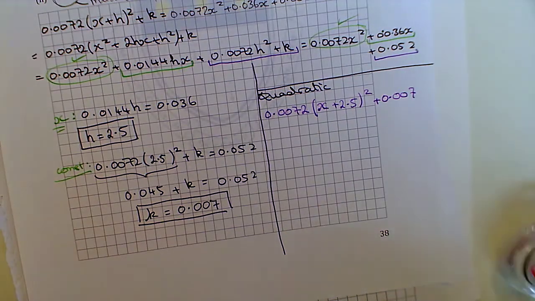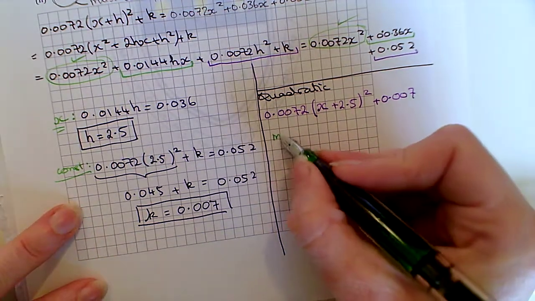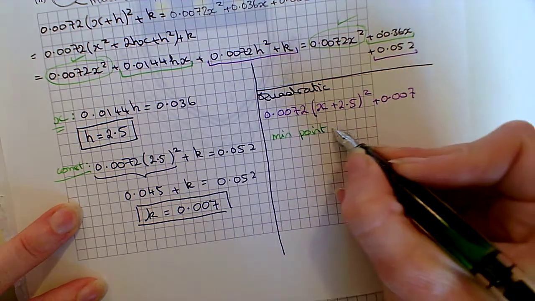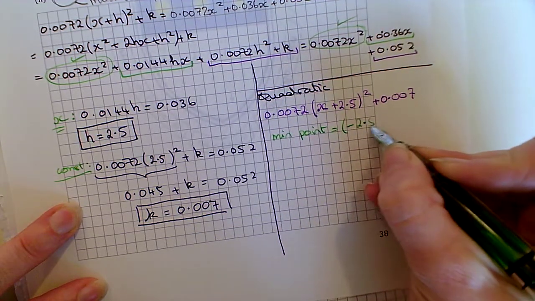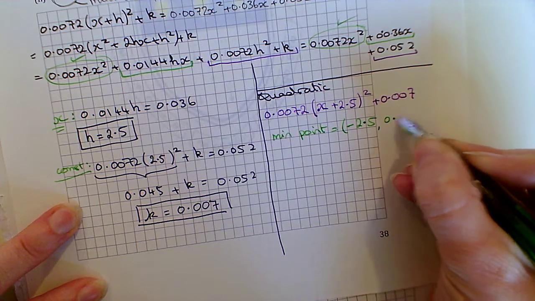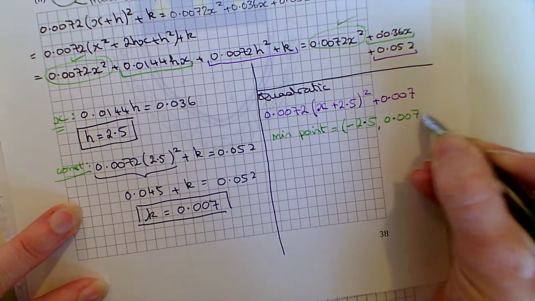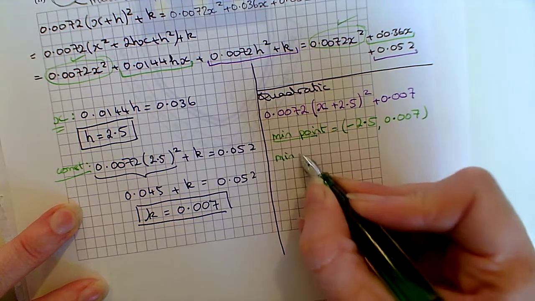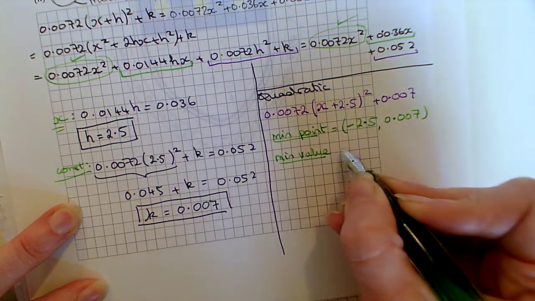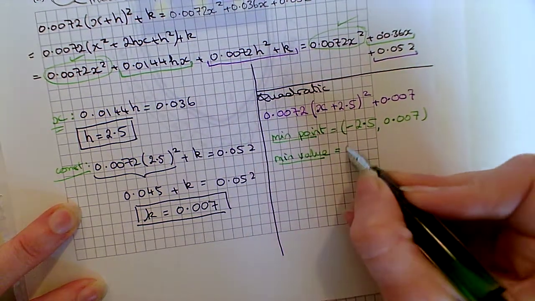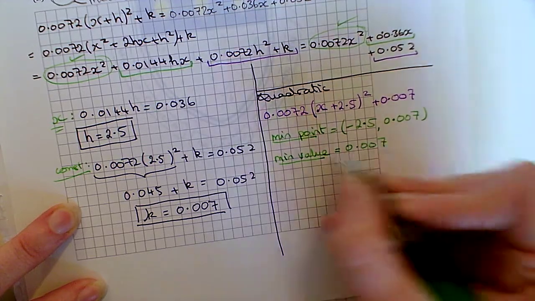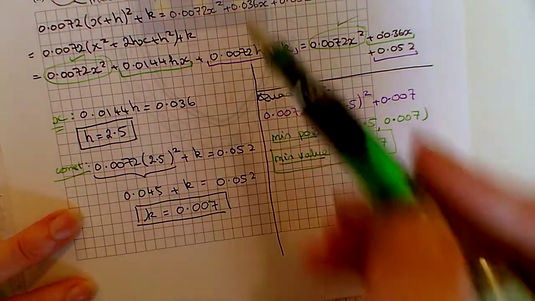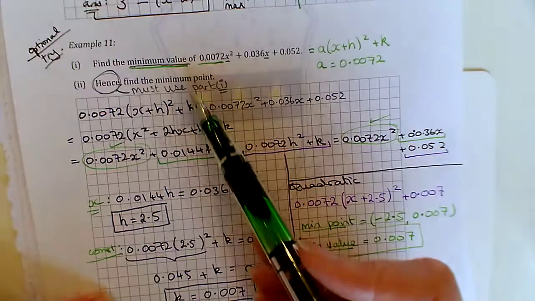And I'm going to write down both the minimum point and the minimum value. So my minimum point, I change the sign in the brackets, minus 2.5, and I just use this one without changing it. My minimum value is just the k value, 0.007.